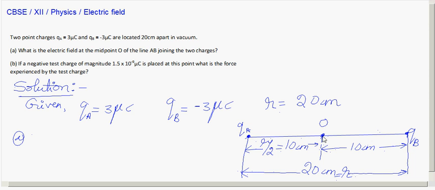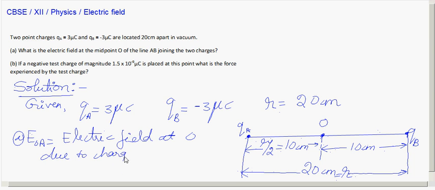We have two charges QA and QB. So let EOA is the electric field at O due to charge QA. Now what is the direction of this?